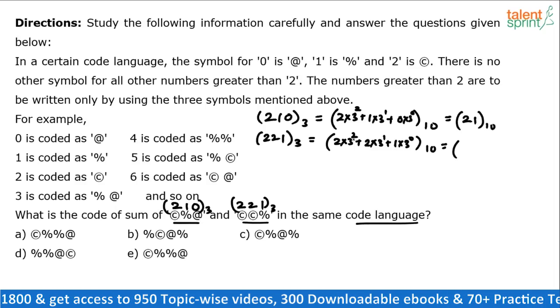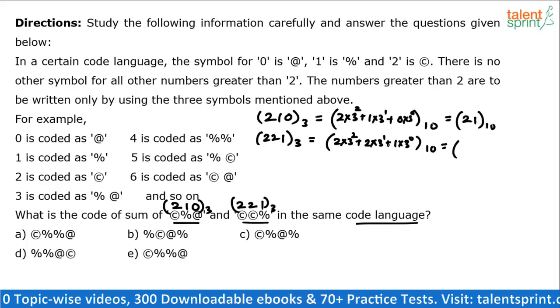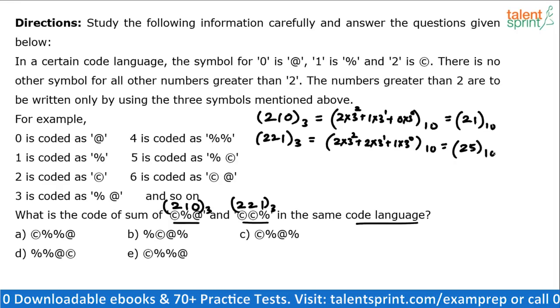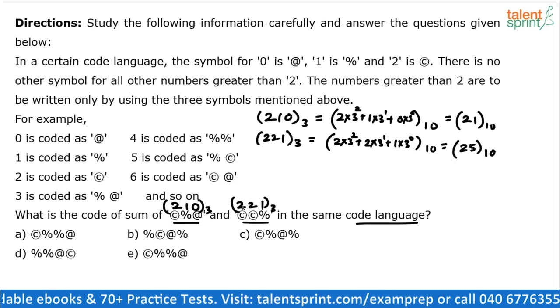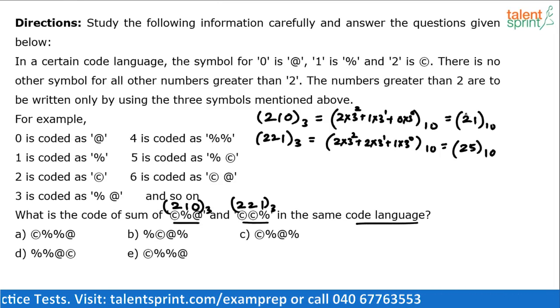For this one, 3 square is 9, 9 into 2 is 18, 18 plus 6 is 24, 24 plus 1 is 25. This we have already discussed in the previous question as well, right? How to convert a ternary number to a decimal number. So we have converted the ternary numbers to decimal numbers. What did we get? 21 and 25. These are the decimal numbers that we have.